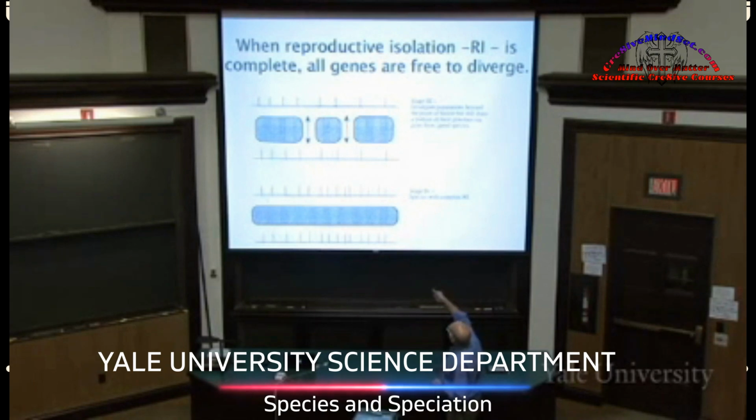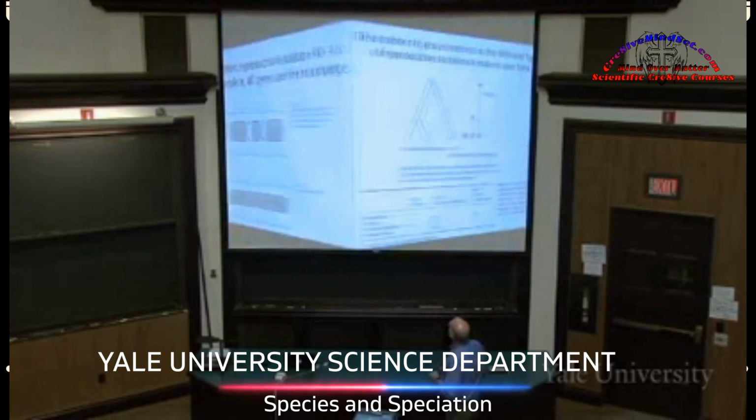So when reproductive isolation is complete, then all of the genes are free to diverge. So here the populations are beyond the point where they could fuse, and they're good species, but there's still a little bit of hybridization going on that you can pick up. And here they're completely separated and there's no gene flow anymore.